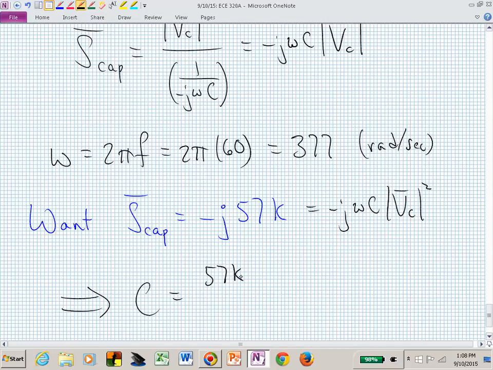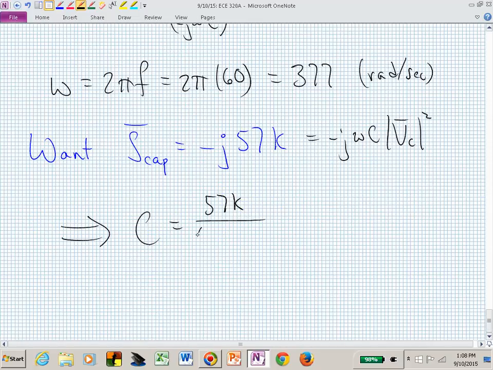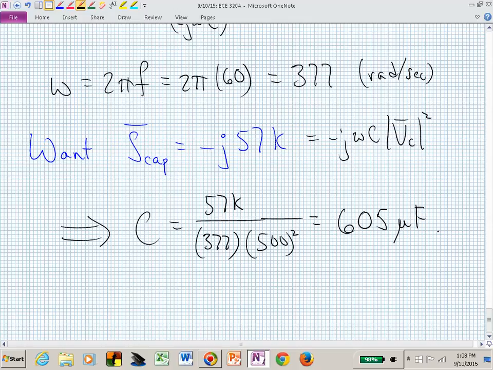We now have 57K divided by 377 times 500 squared. That gives a 605 microfarad capacitor. And that will now reduce the angle of that combination, a capacitor, load 1 and load 2. What's the angle now? 0.